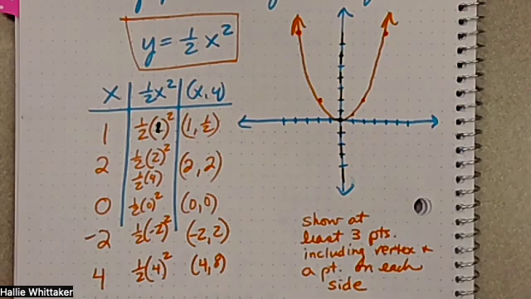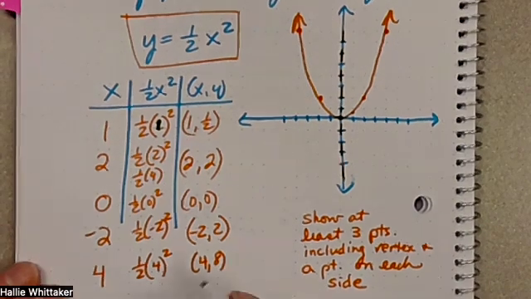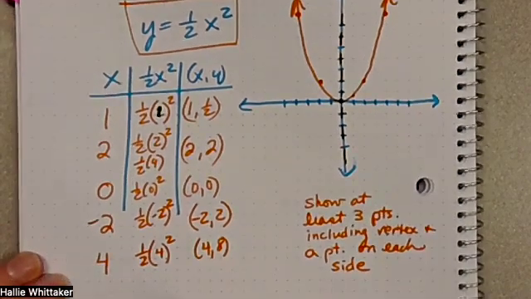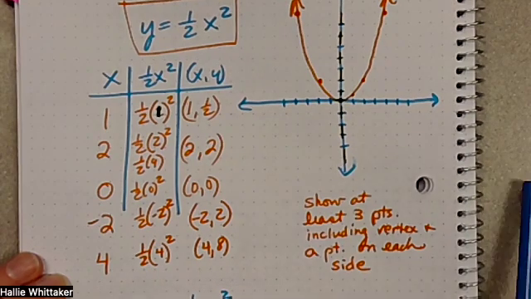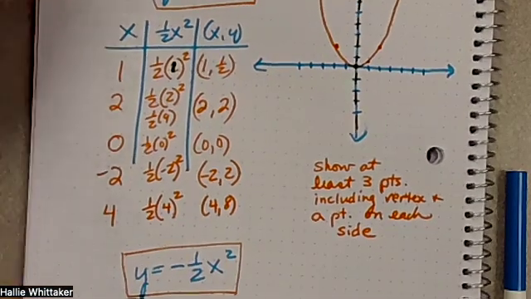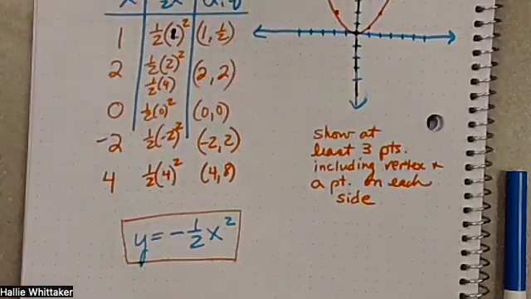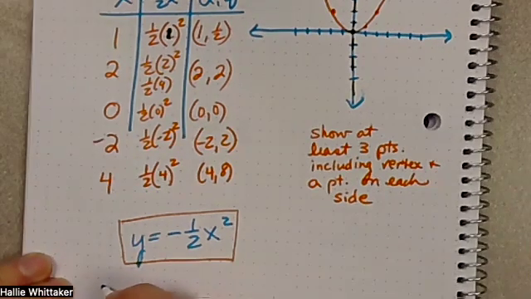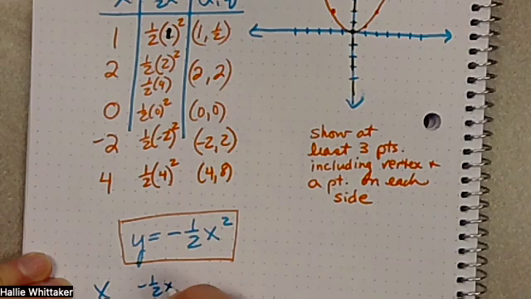Now, we'll do this one quicker, but I do need to point out something. Let's go ahead and graph y equals -1/2 x squared. You can make a prediction in your head. What do you think that's going to do to it? Any predictions? Oh, you think it's going to flip it? Okay, let's prove it. So x, -1/2 x squared, and y.